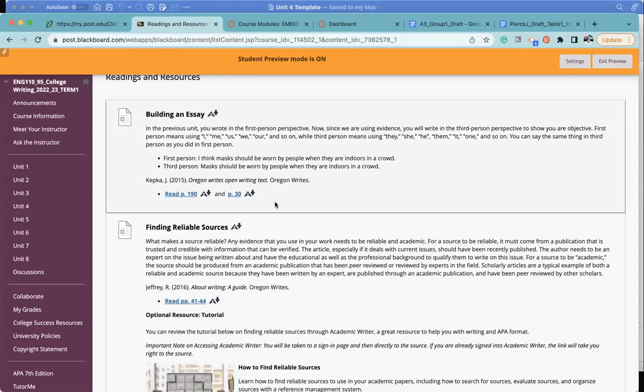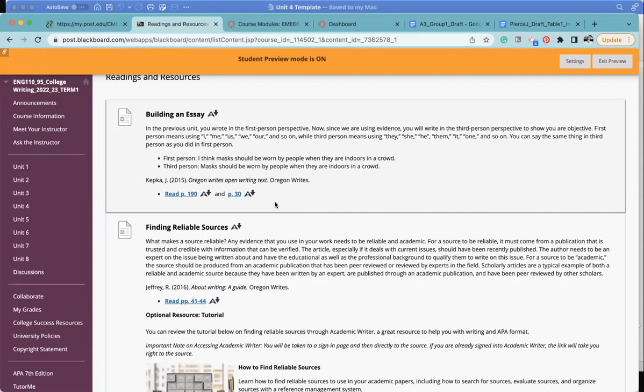And in reality, we know it's you who thinks it, because your name is on the paper, right? So that's one of the main reasons why we keep everything in third person, unless we are literally writing a personal narrative like you did in Unit 1. So that's something we're going to be reading about here, and you're going to be using this knowledge in every assignment that you do from here on out.